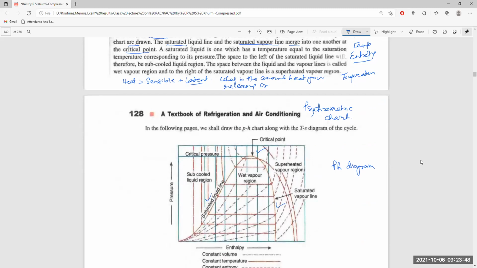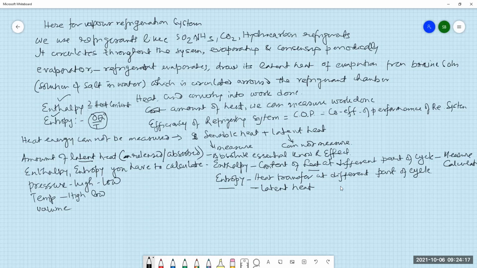Now, what is the saturated liquid? It is a liquid which has a temperature equal to the saturation temperature corresponding to its pressure. What do you mean by that? Saturated liquid, saturated vapor.